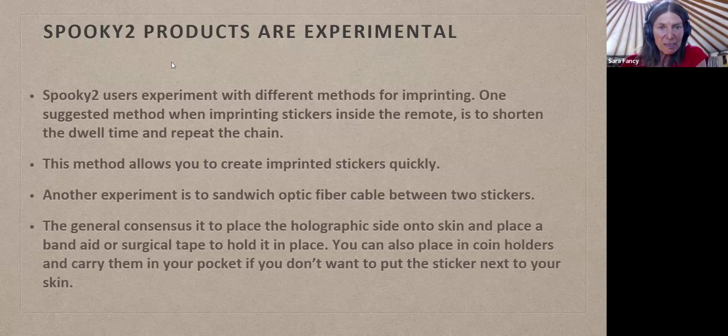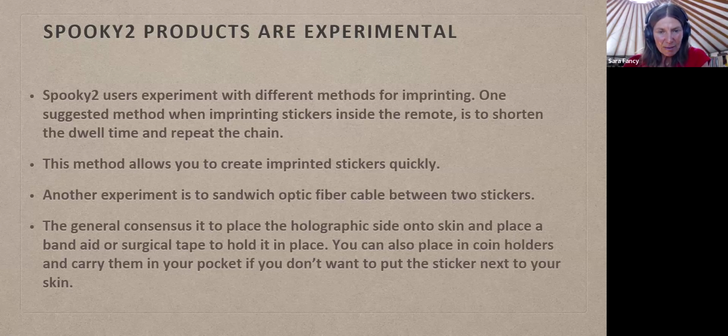Okay, so here we go. Spooky2 users experiment with different methods for imprinting. One suggested method when imprinting stickers inside the remote is to shorten the dwell time and repeat the chain. This method allows you to create imprinted stickers quickly. Another experiment is to sandwich optic fiber cable between two stickers.